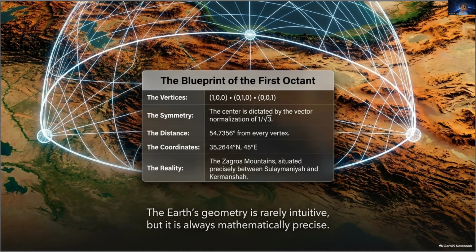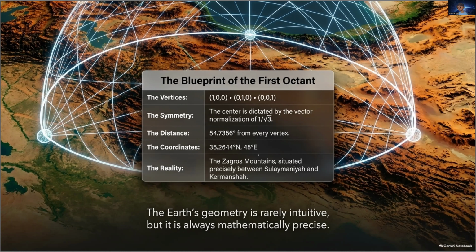And then the coordinate 35.26, 44. The center line with 45 east goes from the North Pole to the equator. It's a direct line.